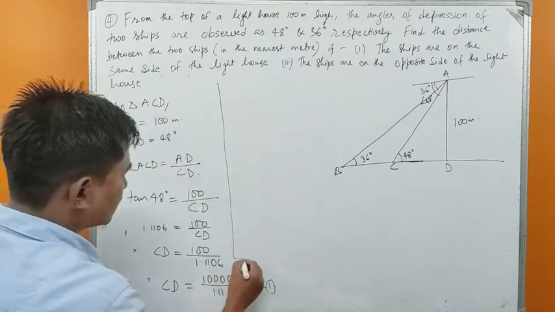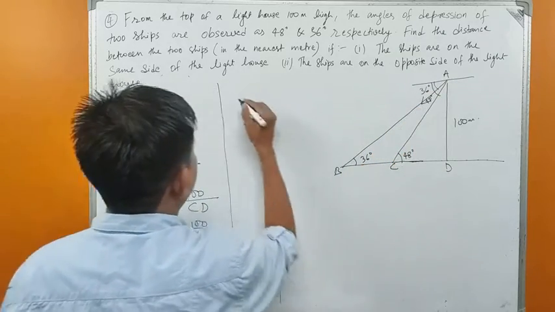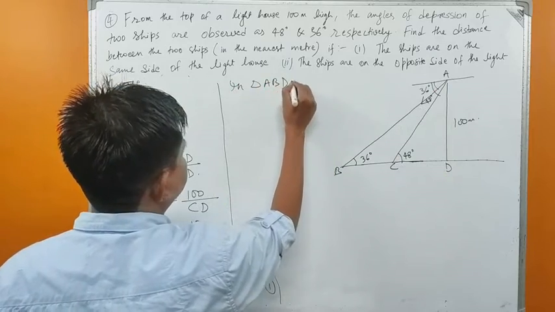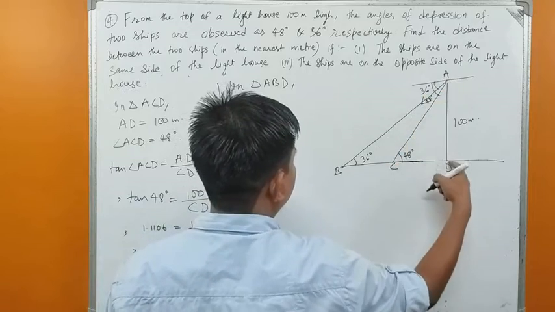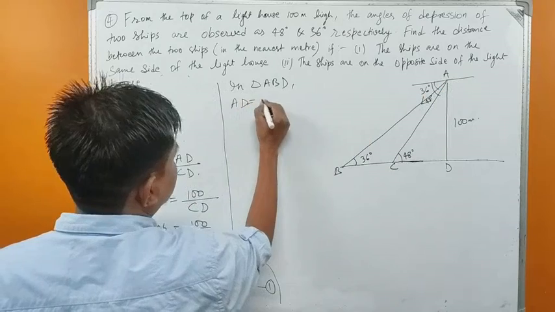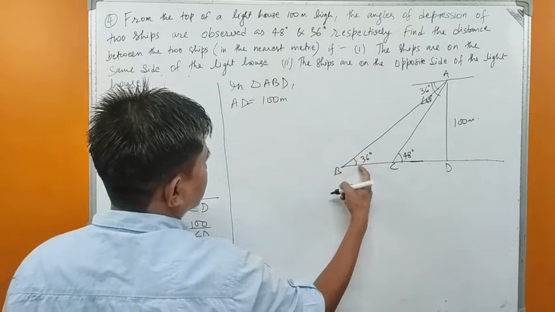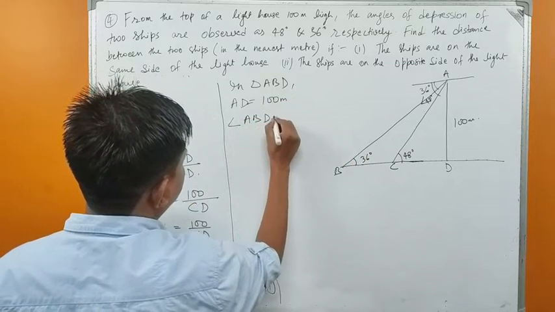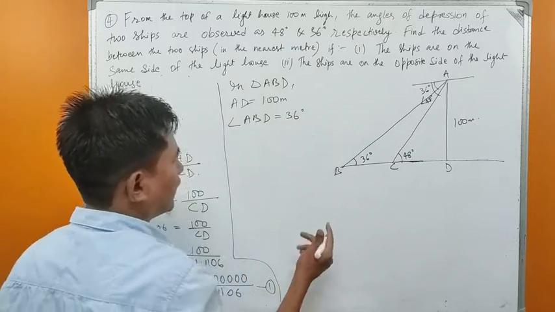Now we look at the bigger triangle, triangle ABD. In triangle ABD, we have AD. AD is common for both the triangles, isn't it? AD equals 100 meters and angle ABD equals 36 degrees. Let us apply tan theta and find BD.